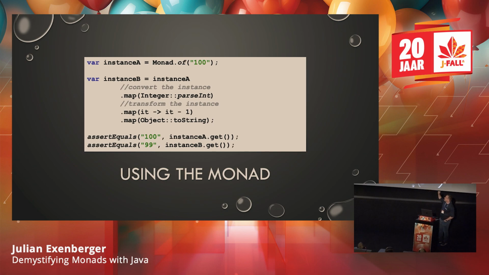I then take the result of that, which of course is a monad, and I apply another map function, which subtracts one value from it, which returns another monad. And then finally, I call toString on that object, which returns another monad, which then takes the result of that and converts it back into a string. So I start out with 100, a string of 100, and I end up with instance B, which is string of 99.